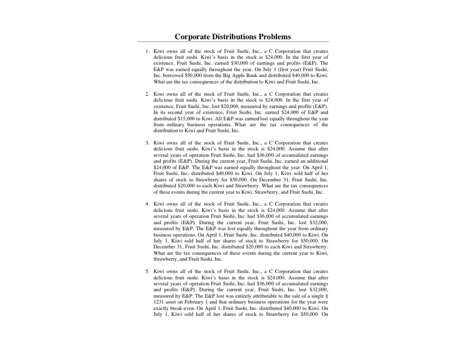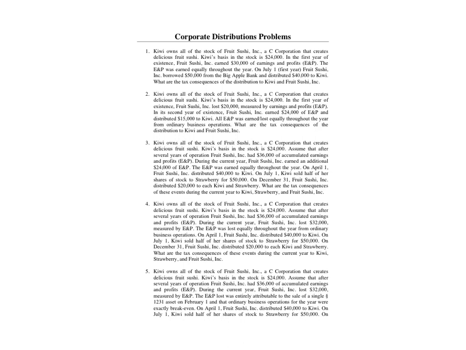In the first year of existence, the corporation earns $30,000 of earnings and profits, earned equally throughout the year. On July 1st, the first year, Fruit Sushi, the corporation, borrows $50,000 from Big Apple Bank and distributes $40,000 to Kiwi. What are the tax consequences of the distribution to Kiwi and the corporation?